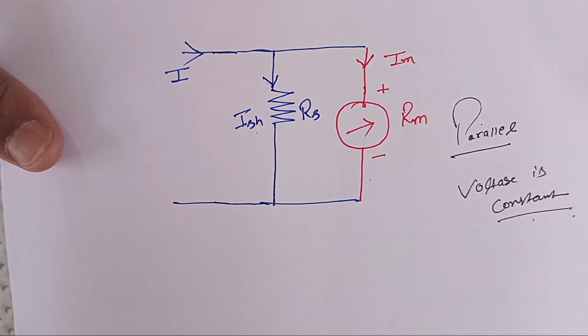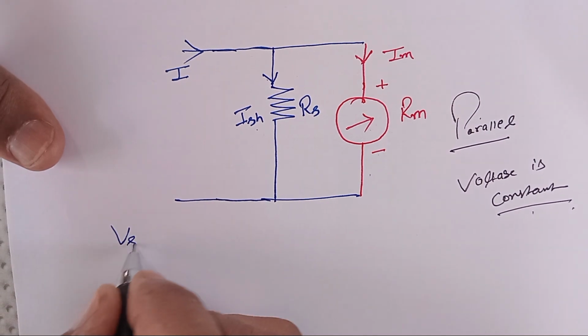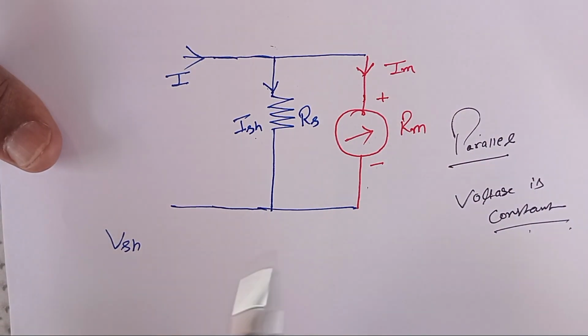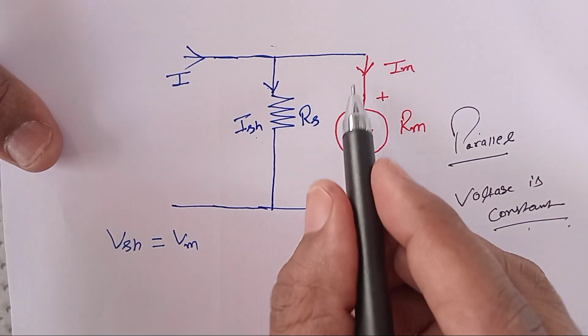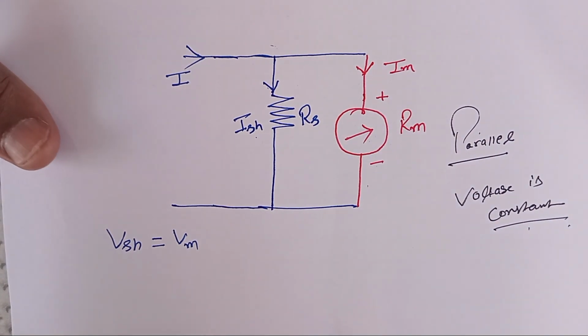Now I am writing this as Vsh, that means the voltage at the shunt path, is equal to Vm, that means the voltage in the meter path. These are the two voltages.